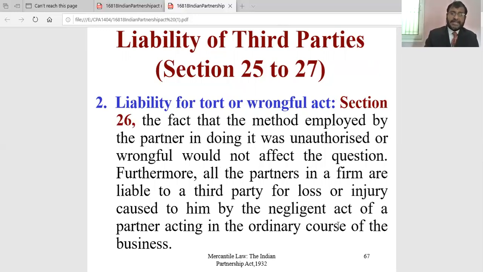The fact that the method employed by the partner in doing it was unauthorized or wrongful would not affect the question. Furthermore, all the partners in a firm are liable to a third party for the loss or injury caused to him by the negligent act of a partner acting in the ordinary course of the partnership business.